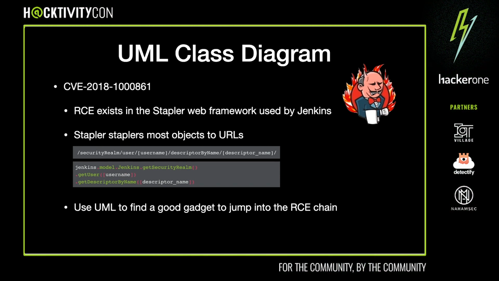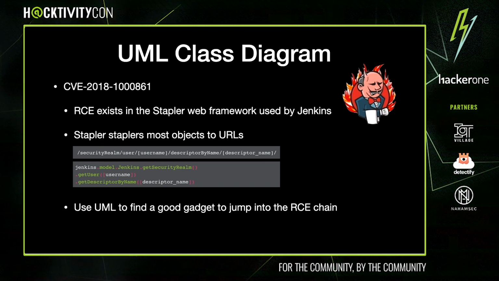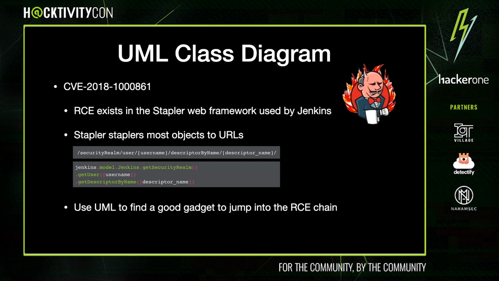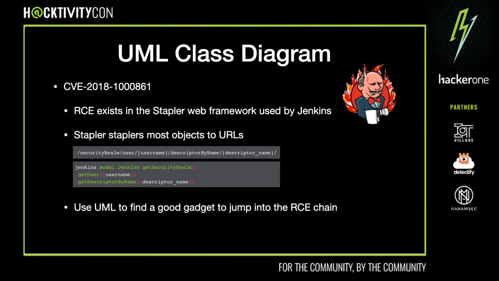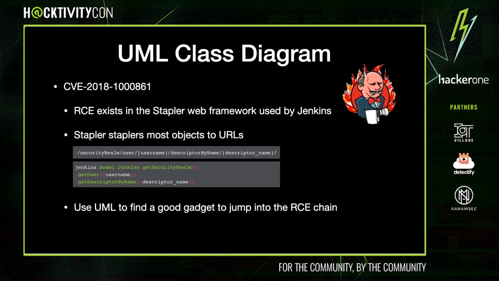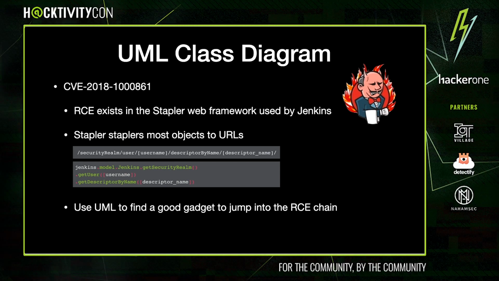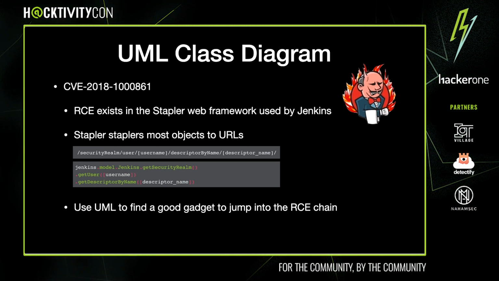You can see it on the slide. The Stapler web framework staples most objects to URLs. Therefore, all we need to do is to find good gadgets to chain all together in order to achieve remote code execution.